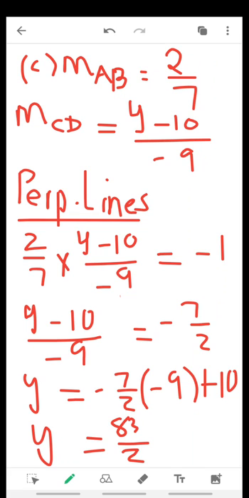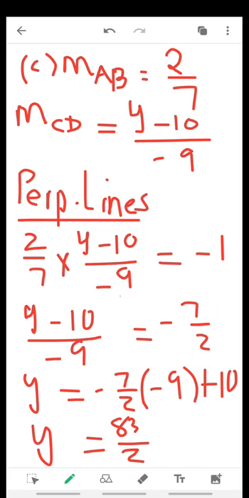But remember, AB and CD were said to be perpendicular to each other. So for perpendicular lines, we multiply their gradients: 2 over 7 multiplied by (y minus 10) over minus 9. I started by dividing both sides by 2 over 7.